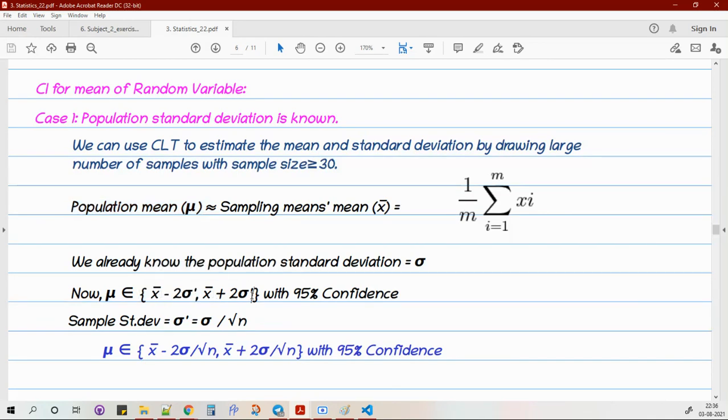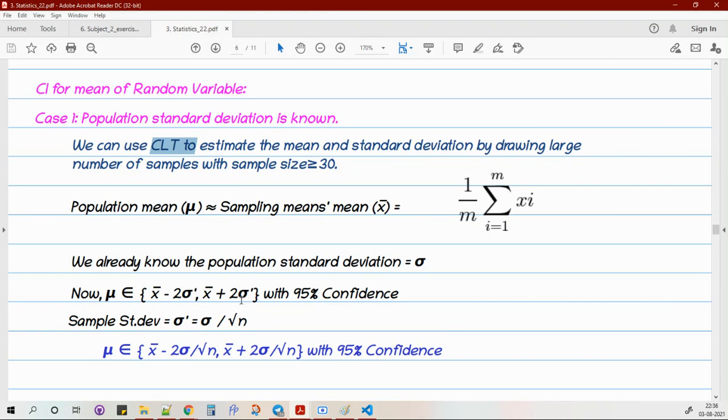2 sigma dash I am giving, and this is following normal distribution, right? After applying the CLT, I can use this 68, 95, 99 rule. So according to the 68, 95, 99 rule, the 2 sigma range will get 95% of the data, right? So my mu would definitely be there with that 95% chance.